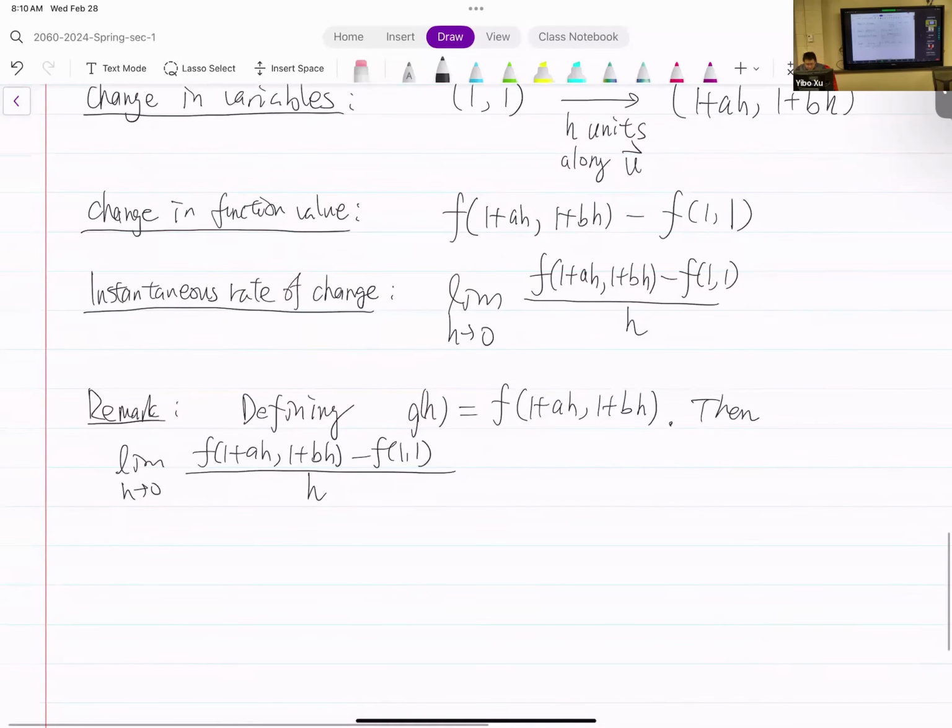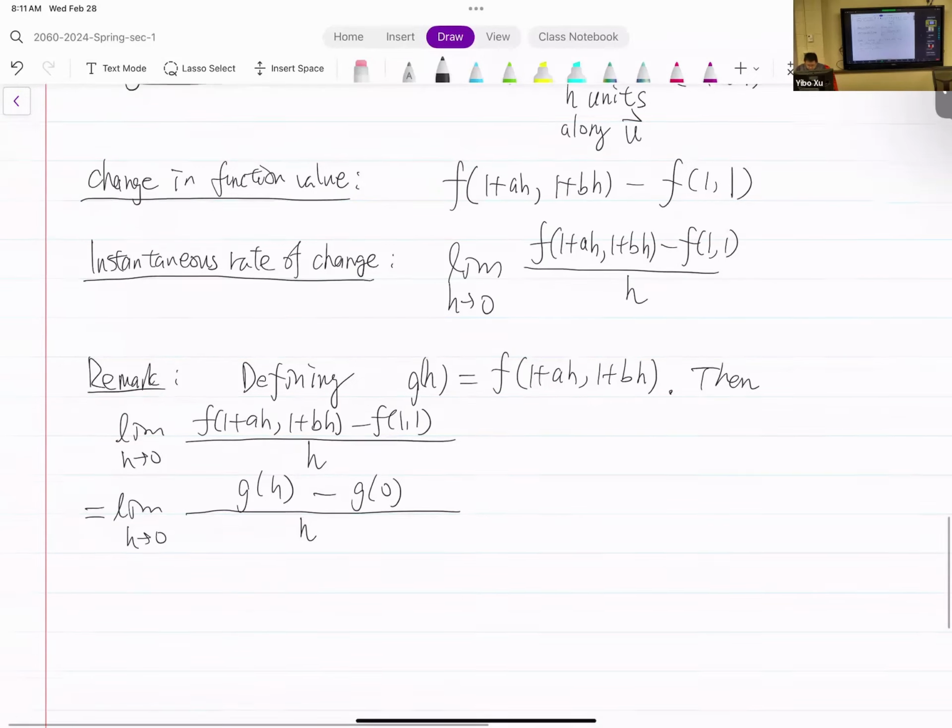And now, of course, if we express everything in terms of g of h, it's going to be the limit when h goes to 0. We know that the latter output is g of h exactly, right? But then the prior output is g of 0. Okay. So basically, when we don't move from the point (1, 1), that's going to give you just f of (1, 1).